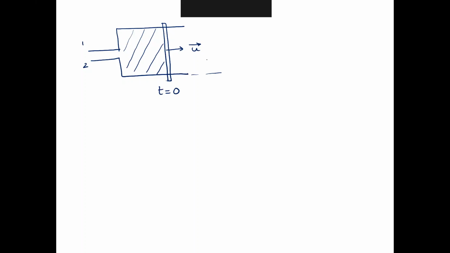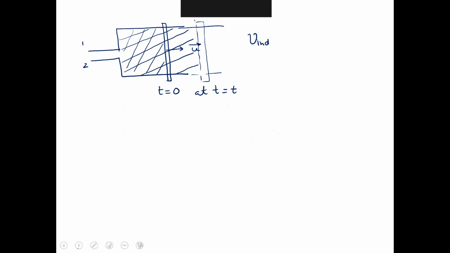After some time, this bar has moved forward, and thus at time equal to t, this area has changed. So if I was going to calculate with the integral form, I have V induced equals minus d by dt of the integral of B dot ds.